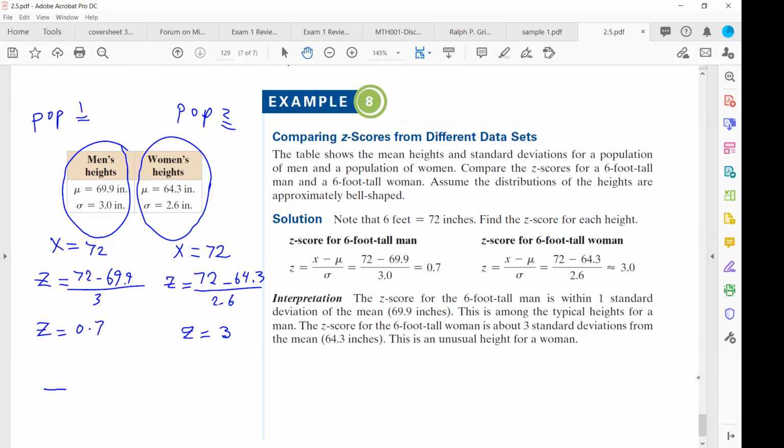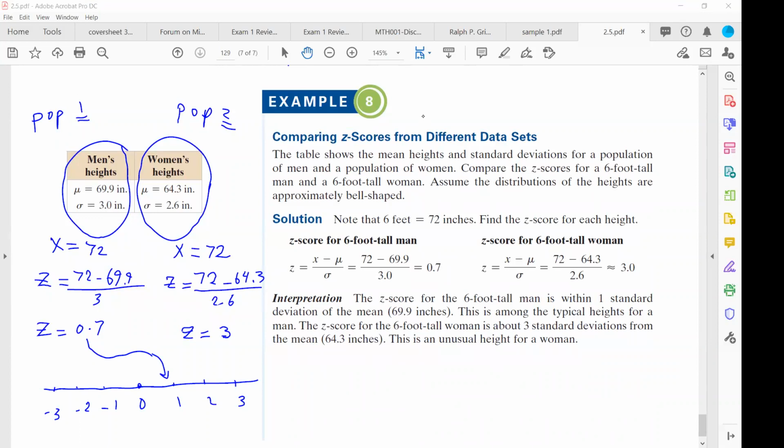So take a look at these two z-scores on the horizontal axis. 0, 1, 2, 3, -1, -2, -3. The first z falls within the first standard deviation away from the mean, which is close to 1. We're not worried about that. For men, this is considered a very acceptable height.